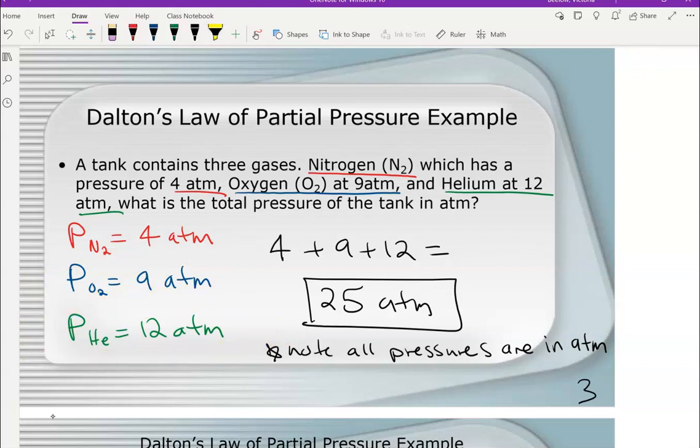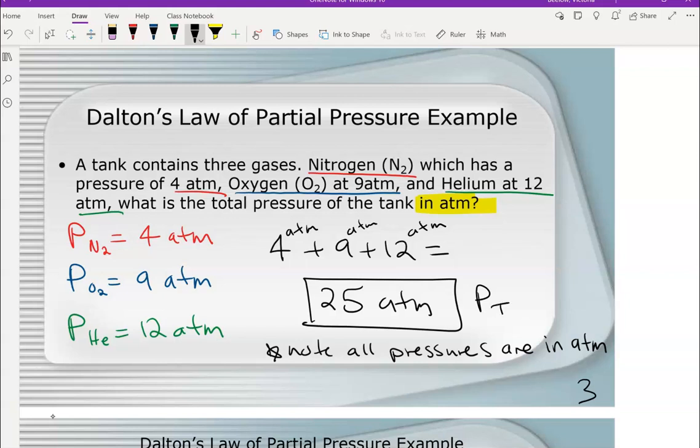What is the total pressure in atm? I would add those together. These are already all in atm, and I wanted the answer in atm, so I can add those all together to get the total pressure.